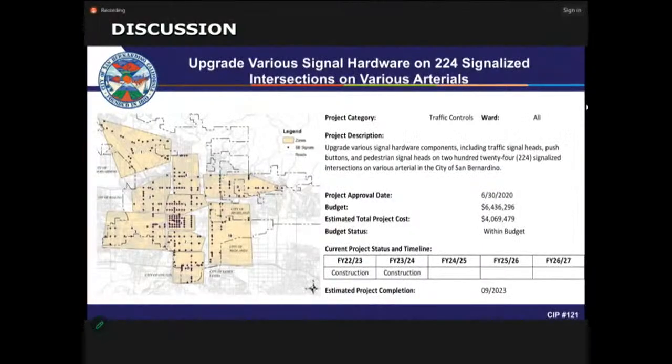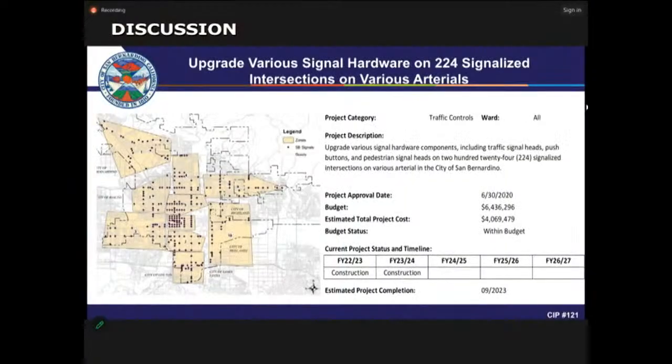This project is basically an upgrade of various traffic signal hardware at 224 signalized intersections. If you recall, years back, we went through what we call an SSARP analysis of safety in the city, which is the Systematic Safety Analysis Report Program. And this is a federally funded project.